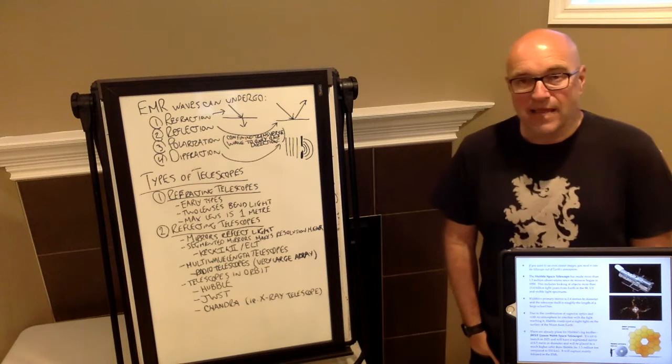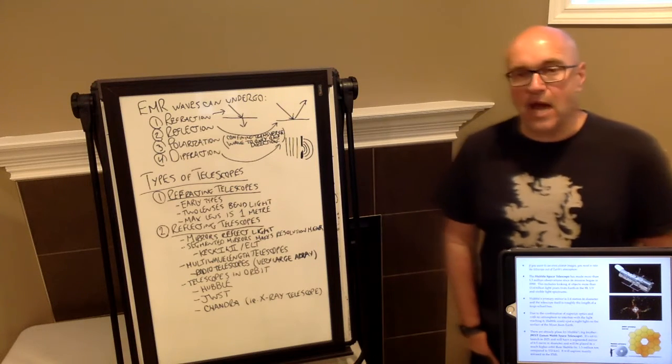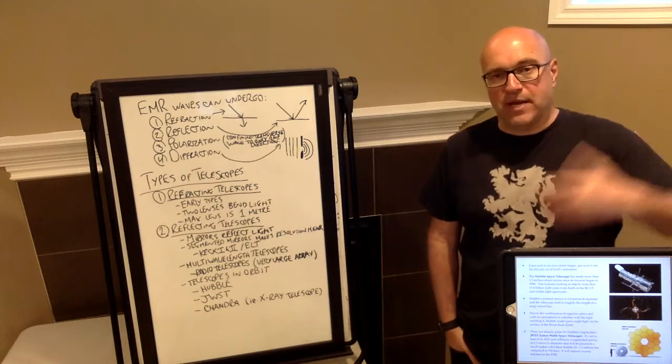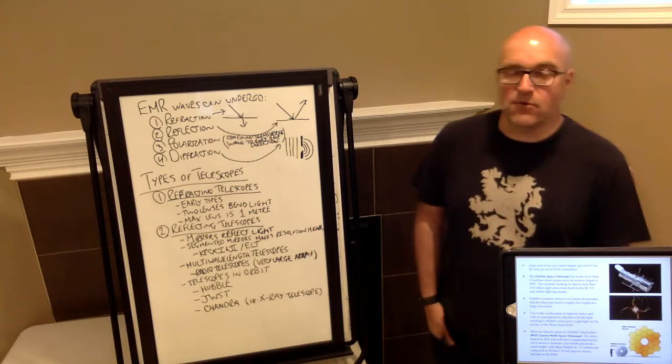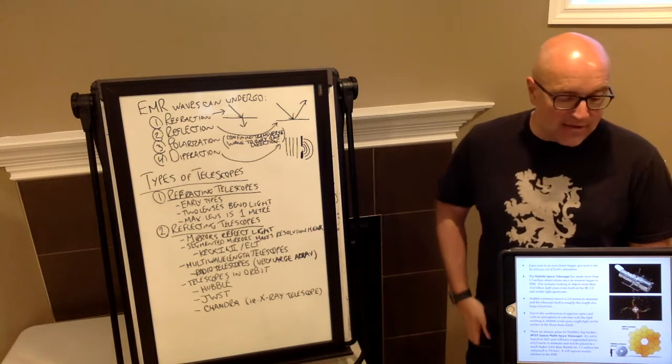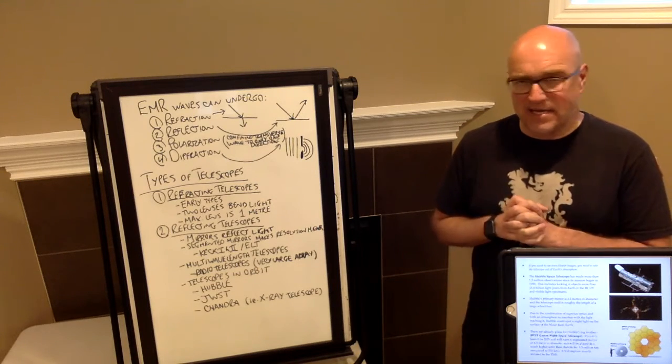So if someone turned on a nightlight on the surface of the moon and we had Hubble down on the Earth, it should be able to pick up that nightlight clear as day. That's the kind of resolving power that Hubble has.